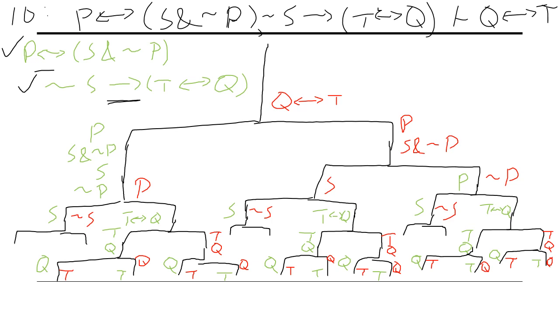Q, T, Q, T, Q, T, T, Q, T, Q, T, Q. This would be one of those instances in which you might have wanted to close off branches earlier on, so you don't have, what is this, 2, 4, 6, 8, 10, 12, 14, 16, 18 different branches to go back through and look at.